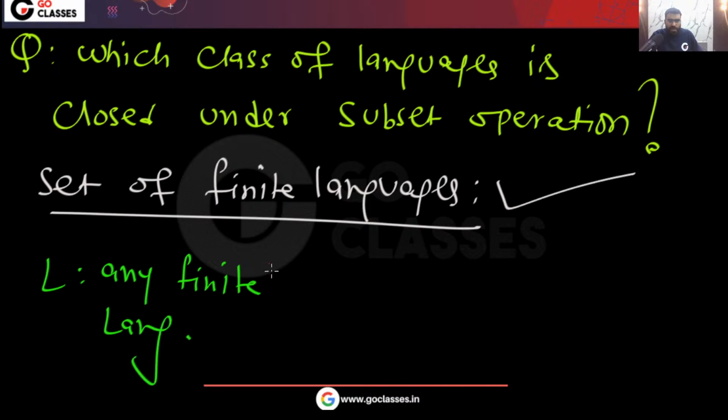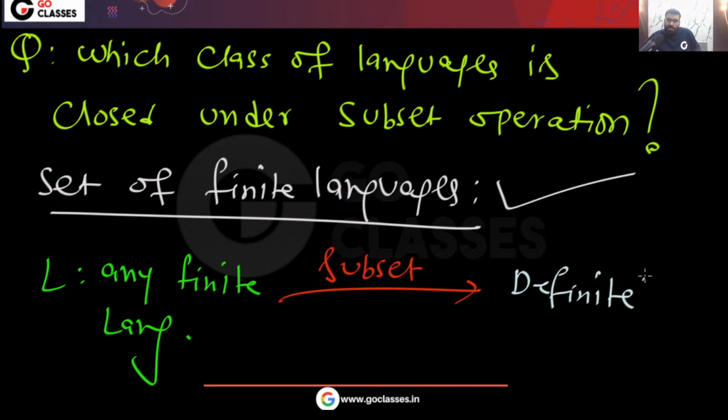If L is any finite language, its subset also will definitely be finite. Yes, of course. A subset of a finite language will always be finite.